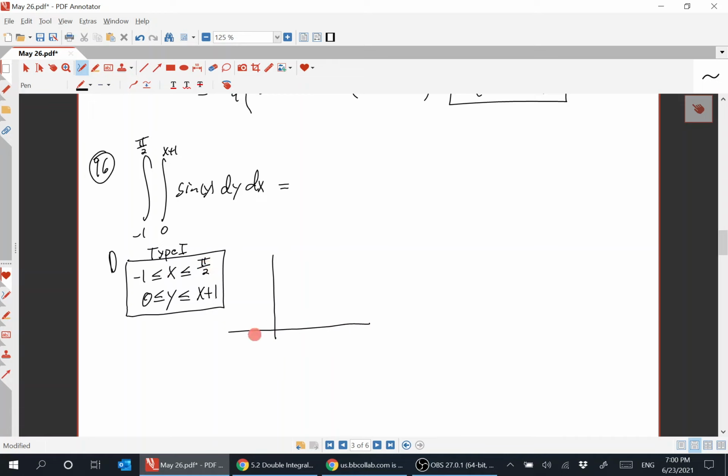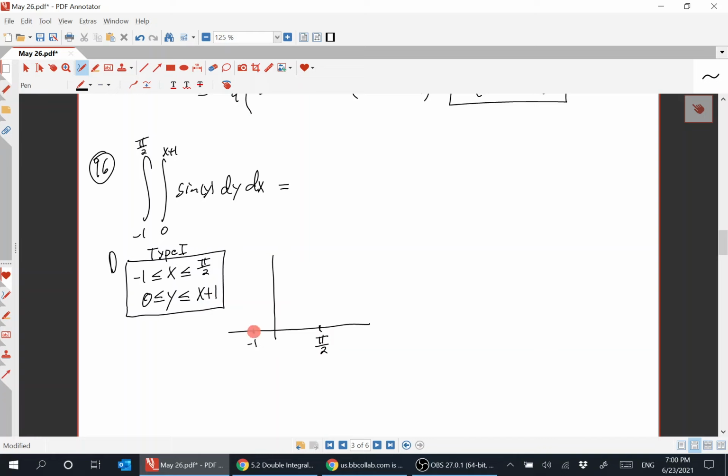So x goes from -1 to pi over 2. And then we've got the line from 0 to x plus 1.